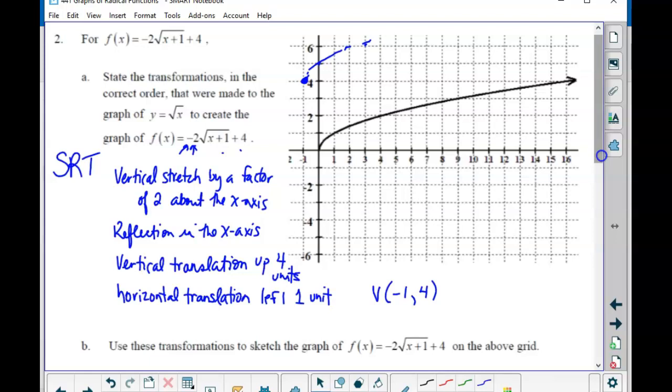So think about if you've stretched it by a factor of 2 vertically, that means for 1 unit over, which is normally 1 up, now it would be 2 up from there, and then it's reflected, so it would really be 2 down from the vertex. So 1 unit over is going to be 2 down because of the negative 2.